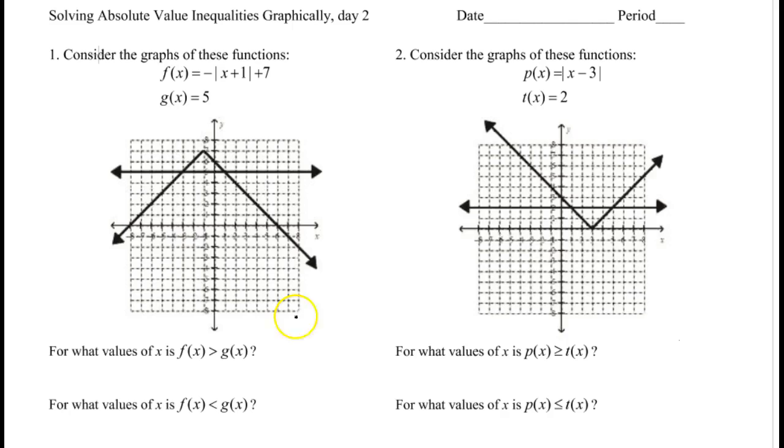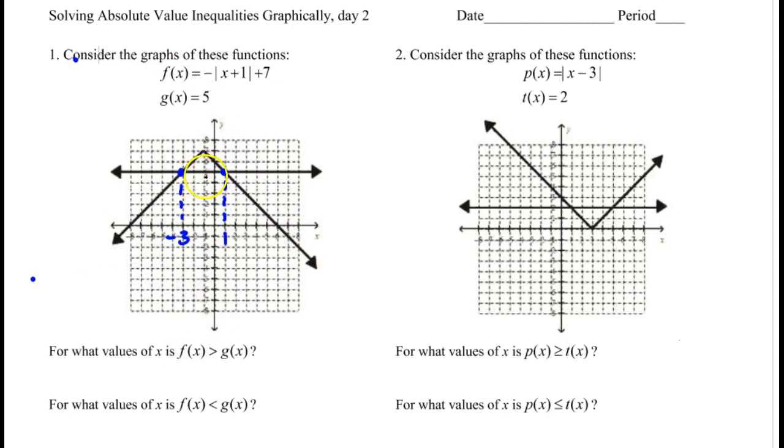Okay, so on notes, what we're going to do is just look at what are the two answers here if it's just equals, and just follow it down. This would be -3, and this would be +1. So for what values of x is f of x greater than g of x? Now, f of x is the absolute value. g of x is just a straight line. So f of x, again, is the V shape, the absolute value shape.